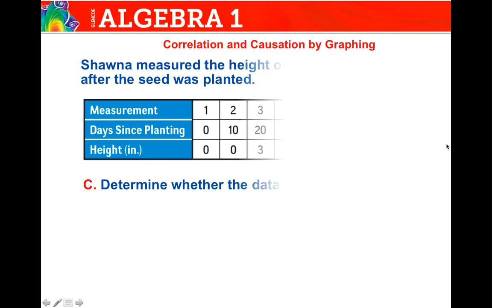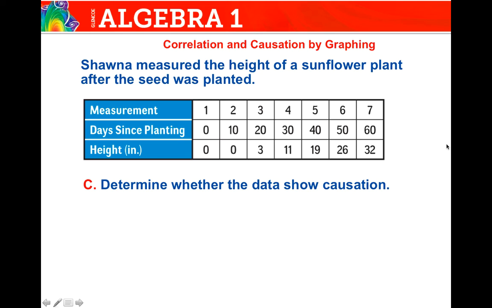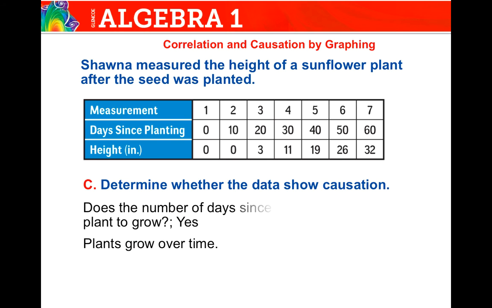The next part is to determine whether this shows causation. So when you do this, you have to ask yourself, does the number of days since planting cause the plant to grow? Yes, that's what happens. Plants grow over time. So the farther away from planting you get, you should start getting more recordable heights with the plant. Okay?